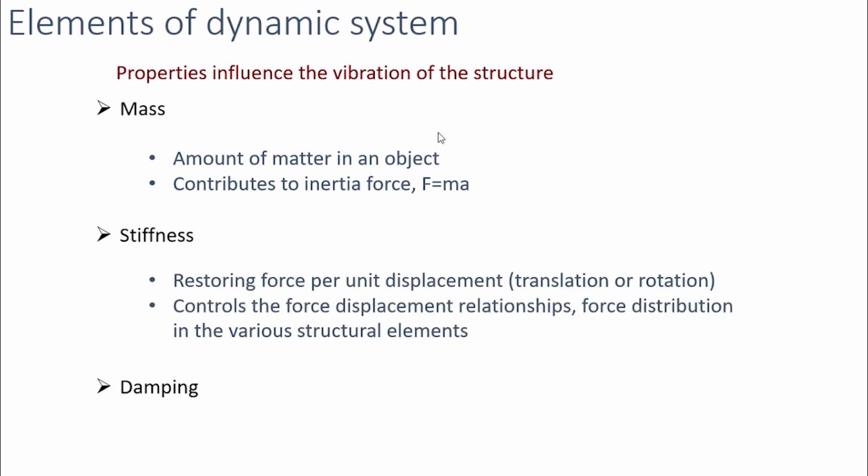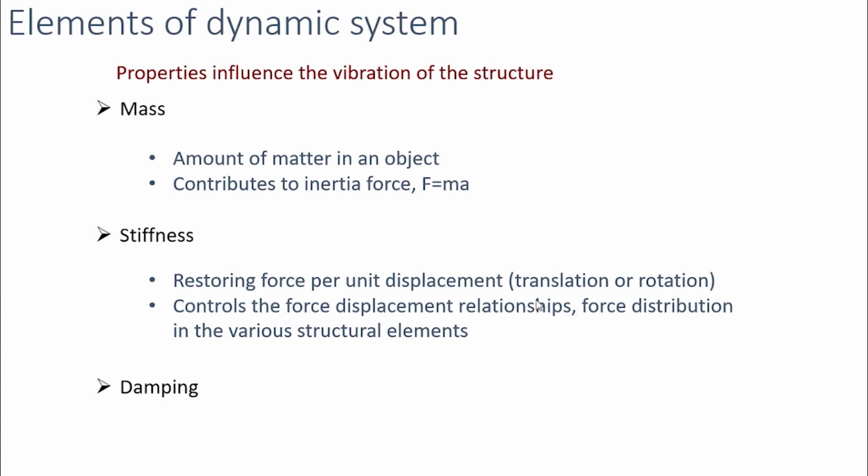The next is stiffness. You are familiar with stiffness in static analysis. Stiffness is the force per unit displacement. It is the restoring force developed in a structure. Stiffness is the property of the structural element that controls the force displacement relationship in a structure, and it also controls the force distribution.